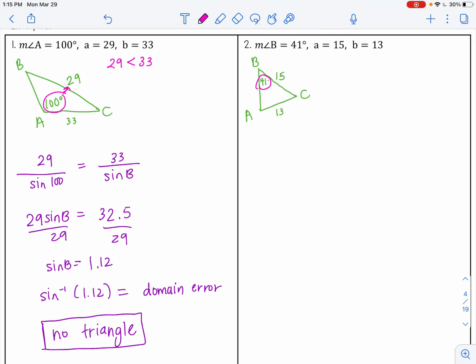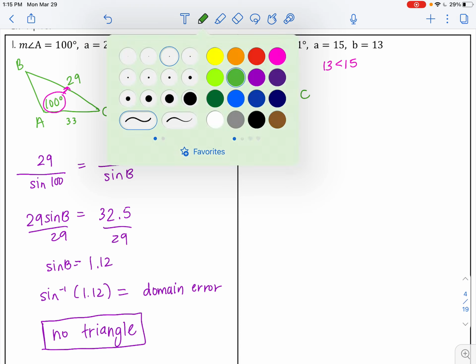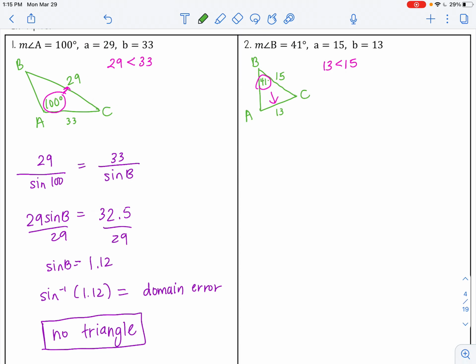This is my given angle. Here's the side opposite of it, 13. That's less than 15. So we're either going to have no triangles or 2 triangles. So I'm going to set up my law of sines. Let me get this purple color again. So 13 over the sine of 41 equals 15 over the sine of A. And let's see if we can solve for A.